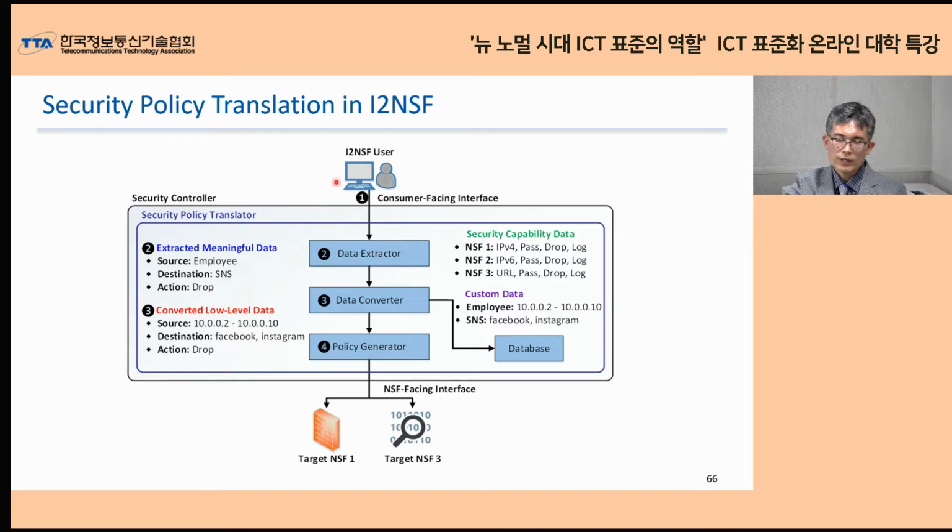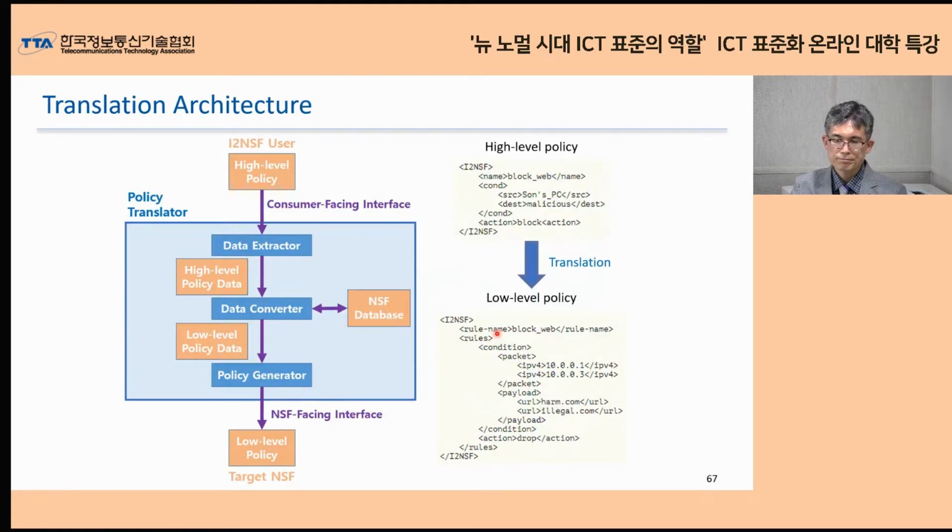That kind of policy is delivered by the user through the consumer-facing interface, and according to three steps, data extractor, data converter, and policy generator, the low-level policy is translated: employees' IP addresses are translated, and the SNS websites are translated into specific URLs.